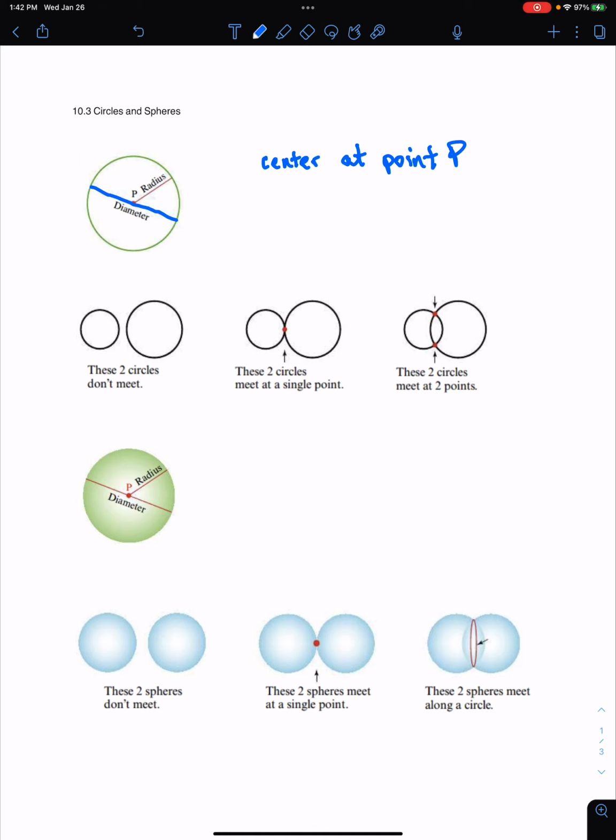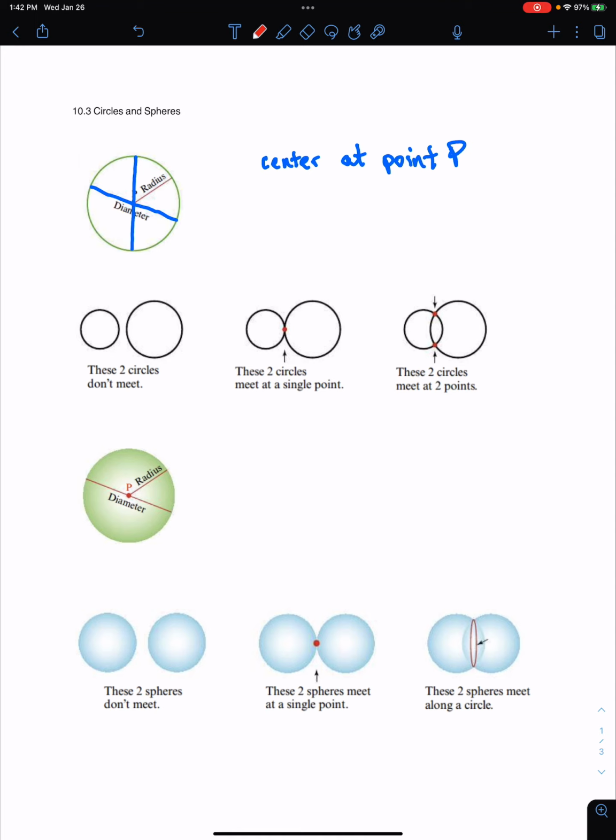And again, you can have multiple diameters as long as you start touching one side in a straight line, go through the center, and then touch the other side. So just to clarify, the red line would not be a diameter because it's not going through the center of the circle.